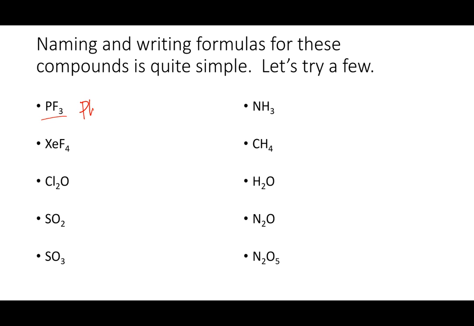So this would be phosphorus. Okay, phosphorus is P. And then F3, that's fluorine, but we need to know how many there are. So it's trifluoride. Okay, remember that these binary compounds all end in "ide."